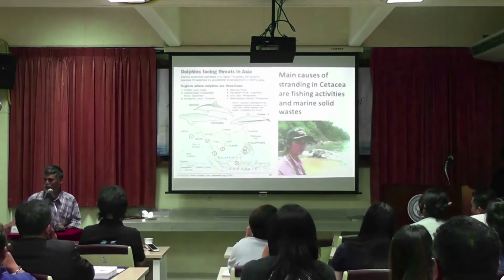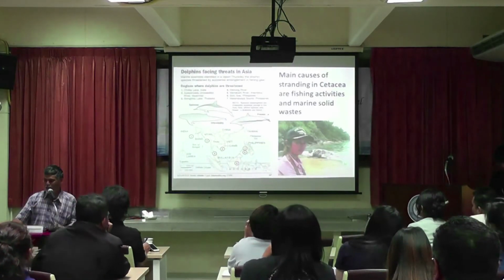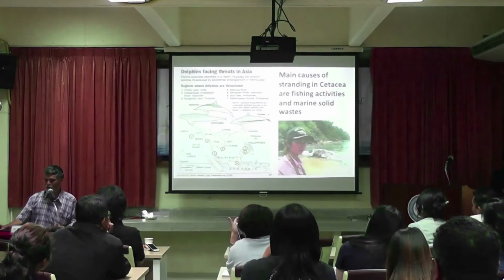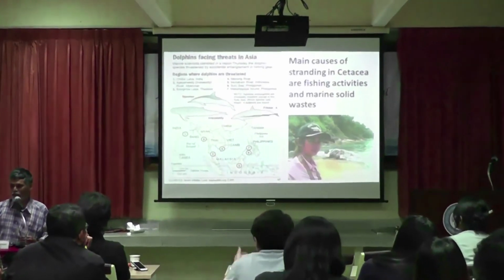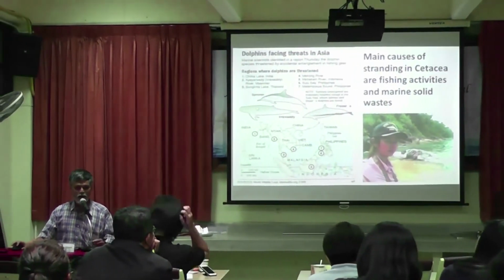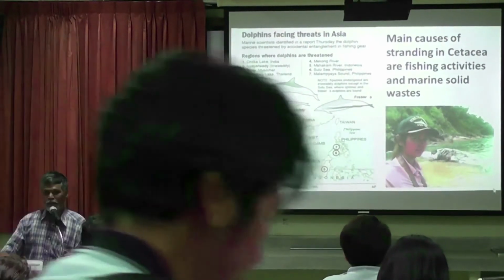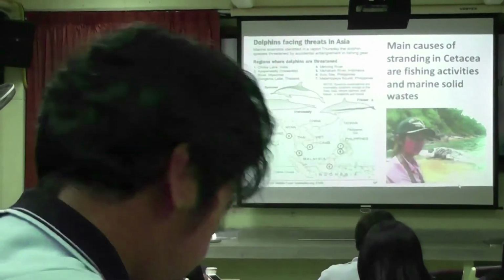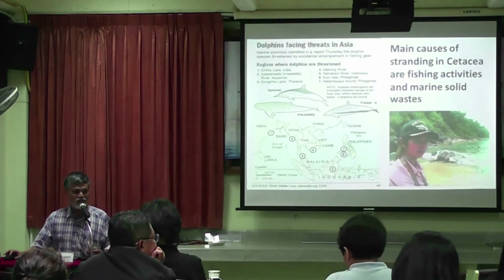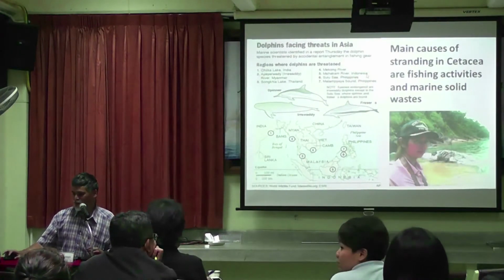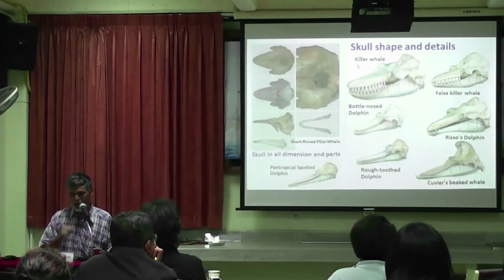The main threat to cetaceans and marine mammals mainly comes from fishing activity, like the Irrawaddy dolphin in Songkhla Lake and the Mekong River, dead from fishing activity, and then consumed incidentally or opportunistically. And the big whales and some other species suffer from garbage, both ingesting it and getting stuck in it, including turtles. So if we know the cause, we can know how to take care of them.